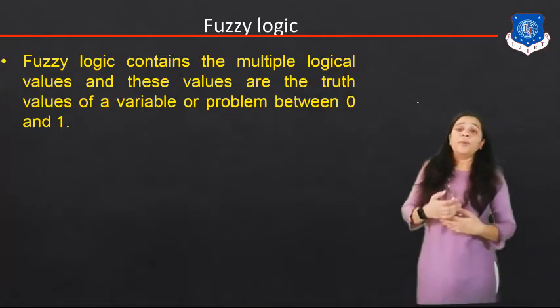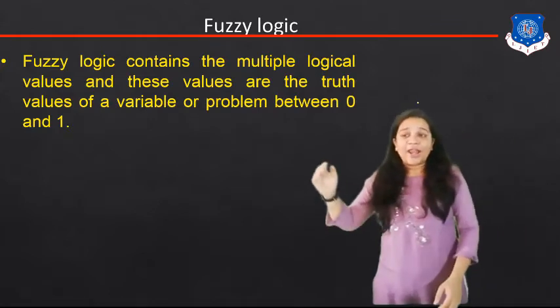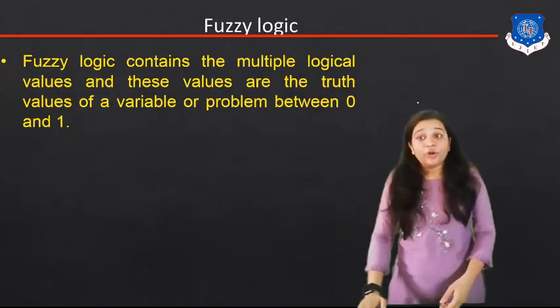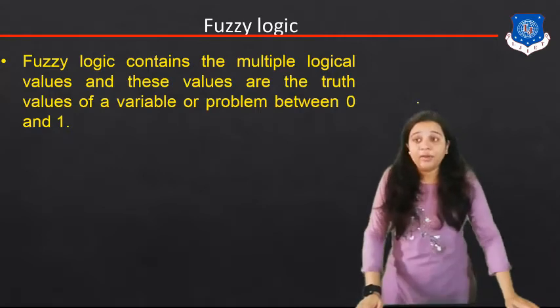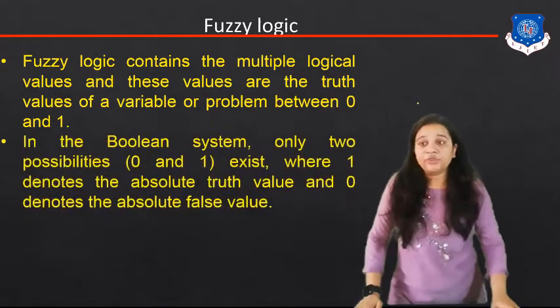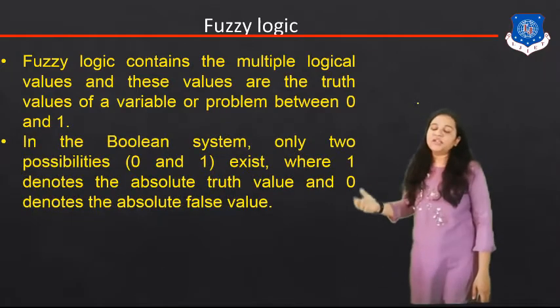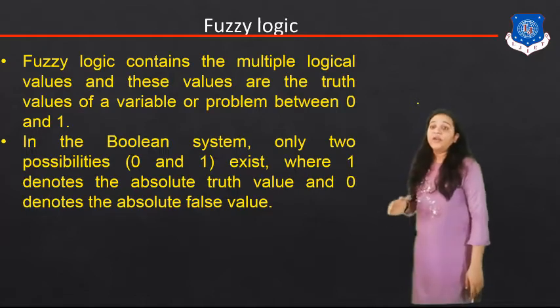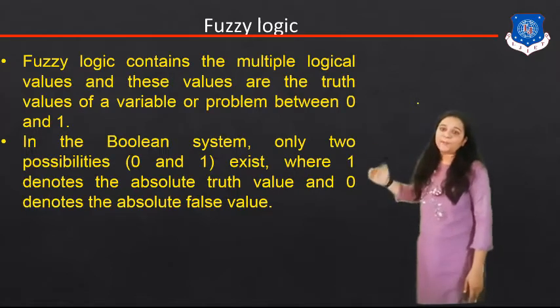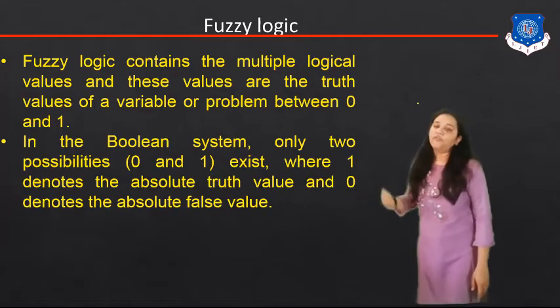So we have multiple possibilities between 0 and 1, and fuzzy logic gives multiple values for a system. In the Boolean system there are only two possibilities, as discussed earlier, 0 and 1, where 1 denotes absolute truth and 0 denotes absolute falsehood.